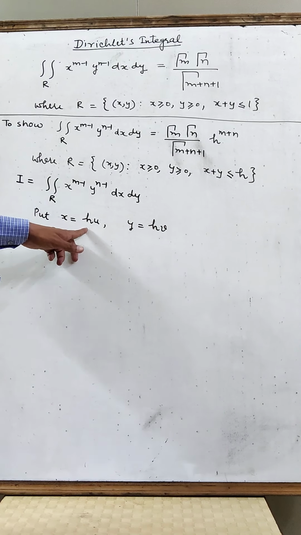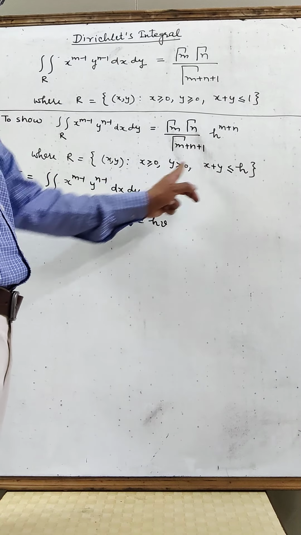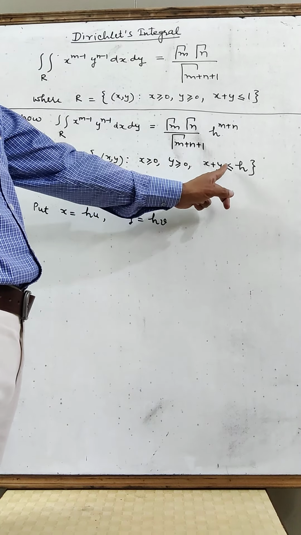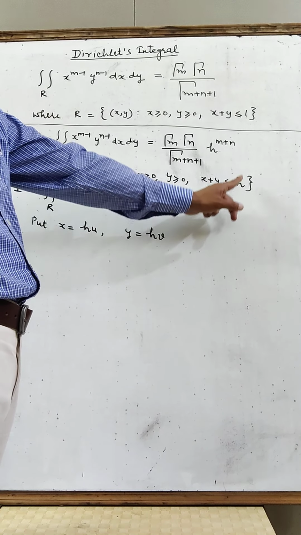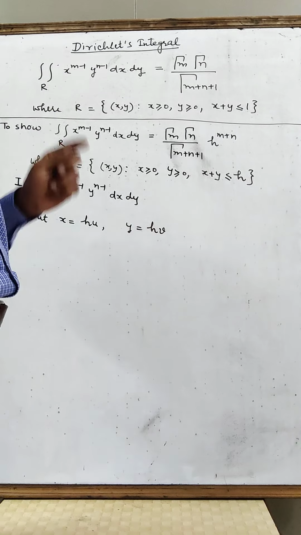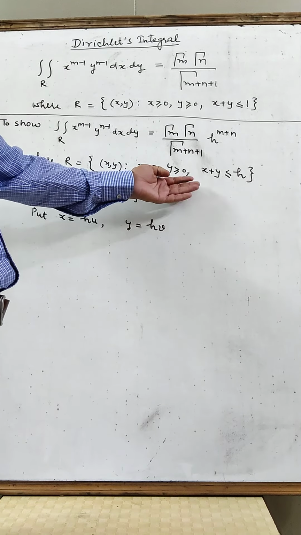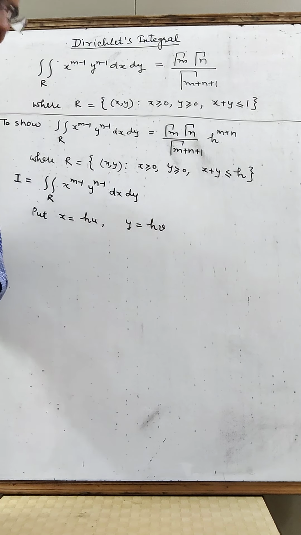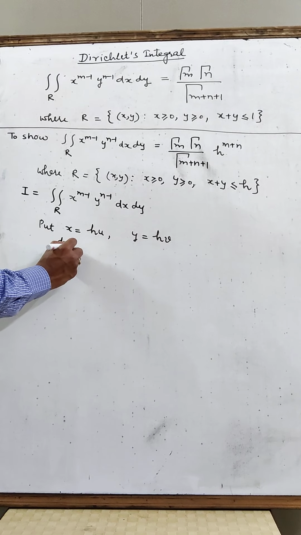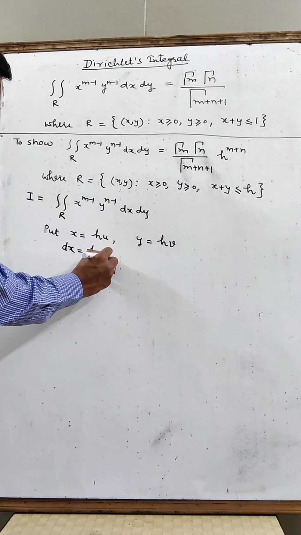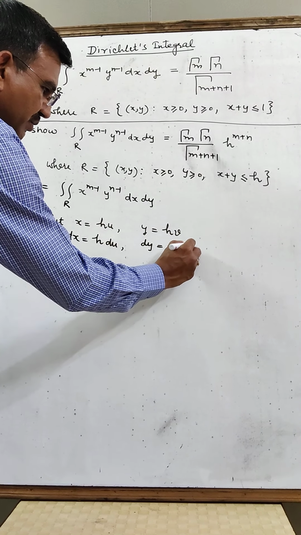Why have I put it in this way? Because when we replace x by hu and y by hv, it will become u plus v less than or equal to 1 by cancelling h on both sides. So we will convert this region into the same format. So dx would be equal to h into du, dy would be equal to h into dv.